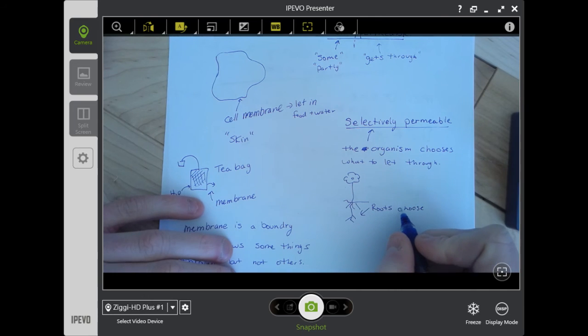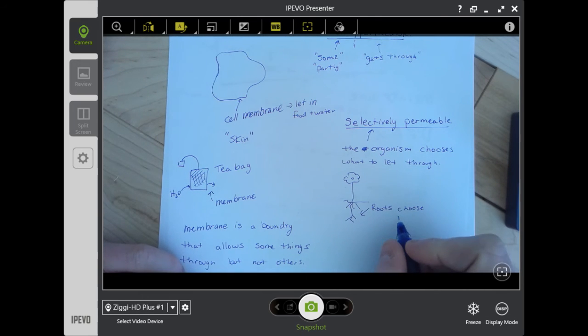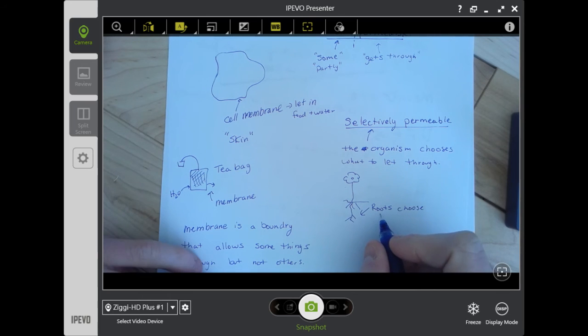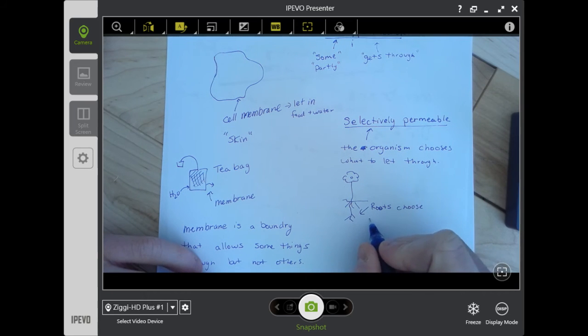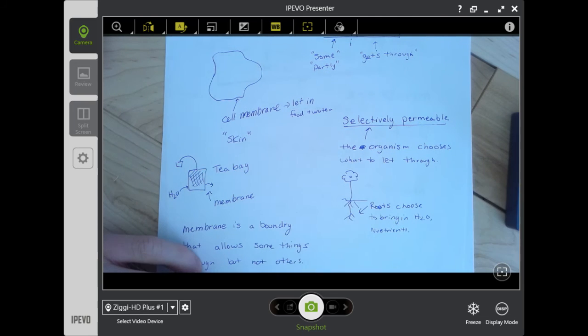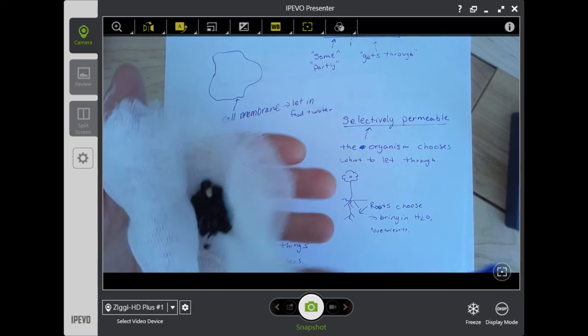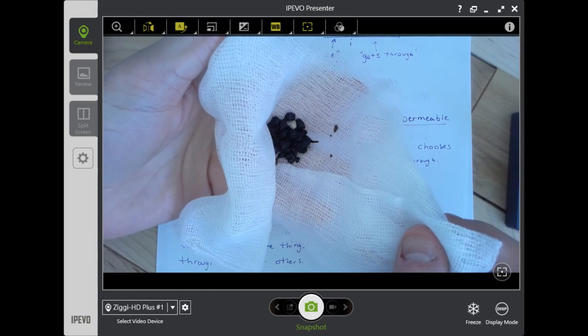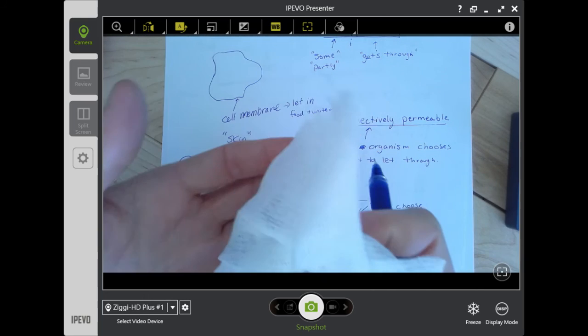I'm not saying that they have a discussion and have a brain, but they choose, we'll say, to bring in H2O and some of the nutrients that it needs. Okay, so the roots choose, right? That's selective. Only living things get to select. Okay, this cloth is semi-permeable. It lets some things through, some things not, but it's not selectively permeable.